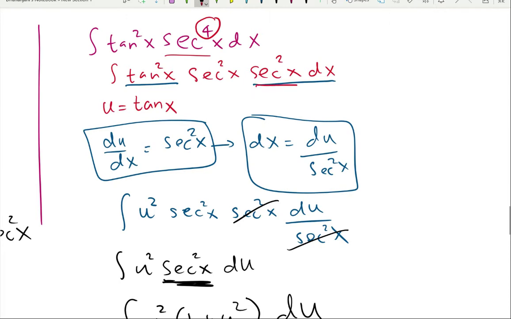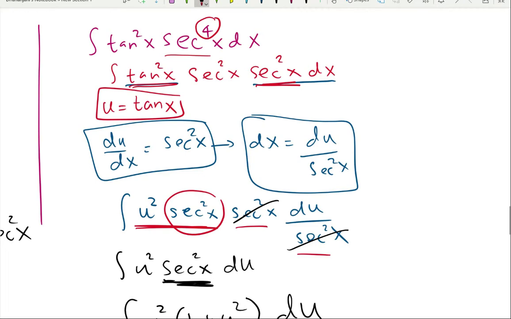When you split out secant square, choose your u to be tangent, because the derivative of tangent is secant square. So you can cancel out that secant square that you split out. Likewise, you can cancel out this secant square, and then the rest you have as a function of u because tangent is u, and then the excess terms you can get rid of using the Pythagorean identity.